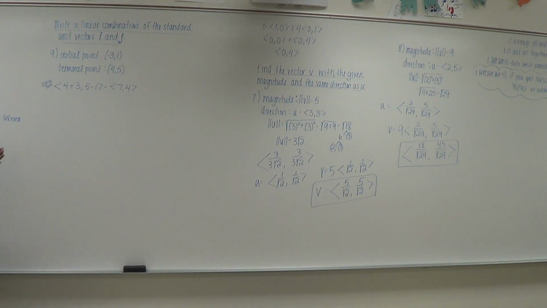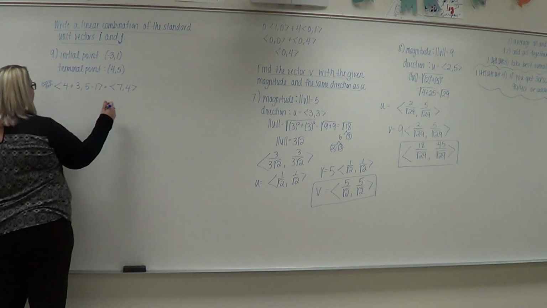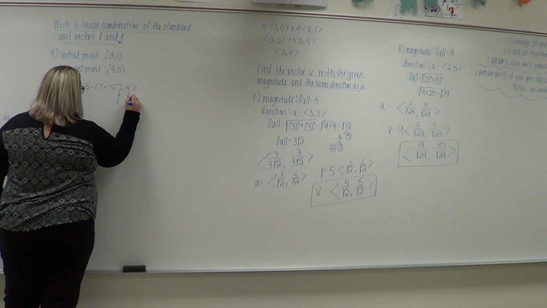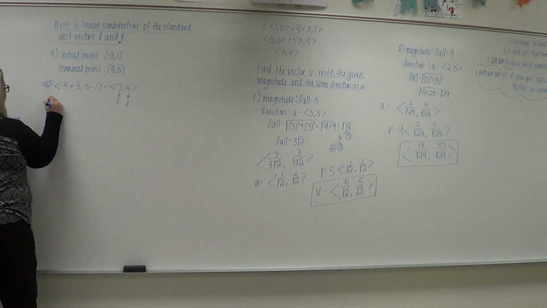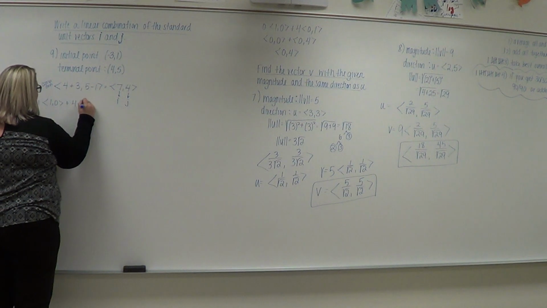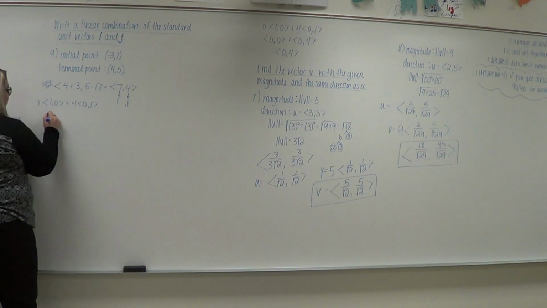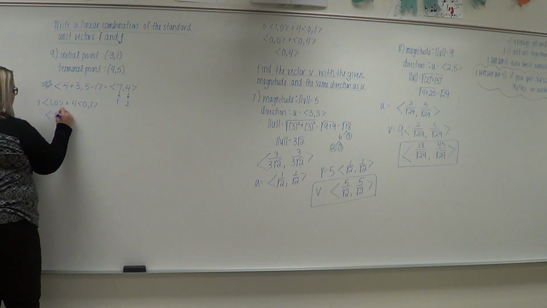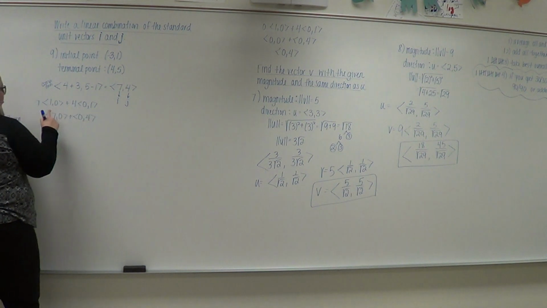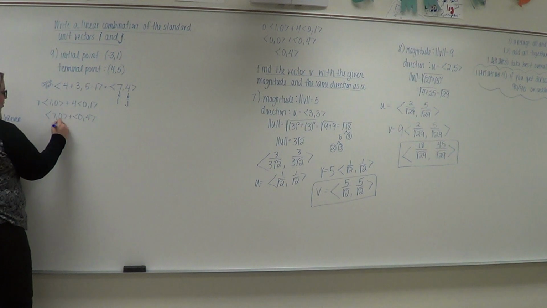Okay, if we want to write it as a linear combination of i's and j's, this number goes with i, and this number goes with j, because i is equal to 1, 0, and j is equal to 0, 1. So this is really the vector 7, 0 plus 0, 4, which is 7, 4.